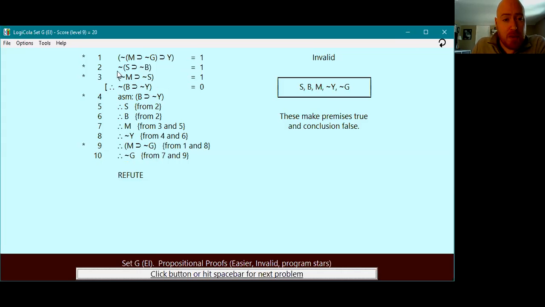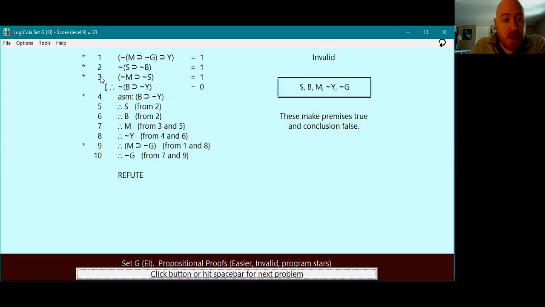All right, now, so this is saying that premise 2 is true, which means that this tilde, which is negating this horseshoe, is true. Okay, now, so I've got that S is true, and I've got that not B is false, right? So if B is true, that means not B is false, which makes this horseshoe false, which makes this tilde true. Okay, so premise 2 checks out as well.